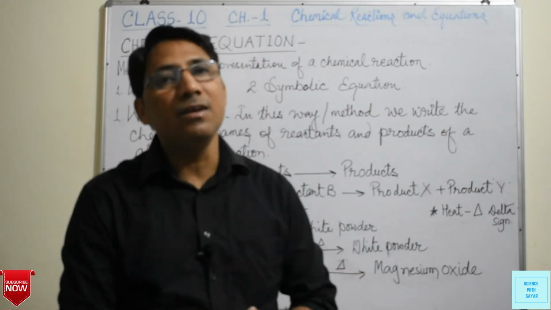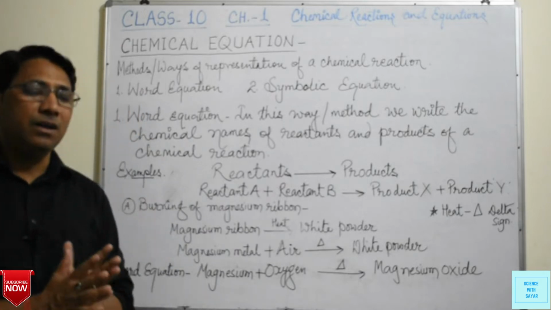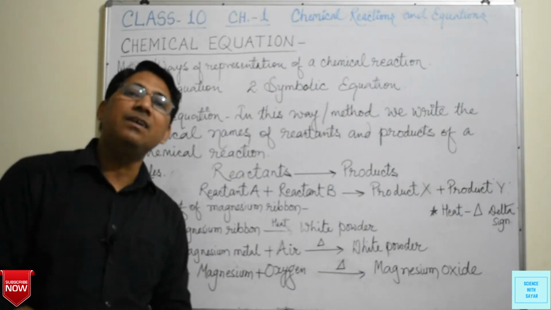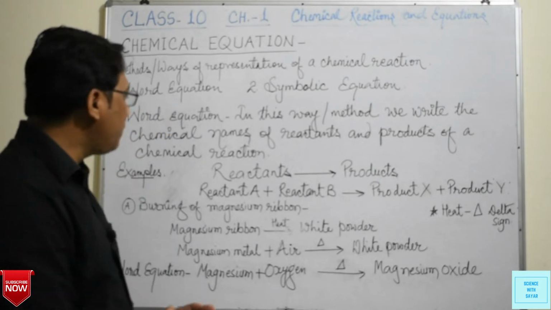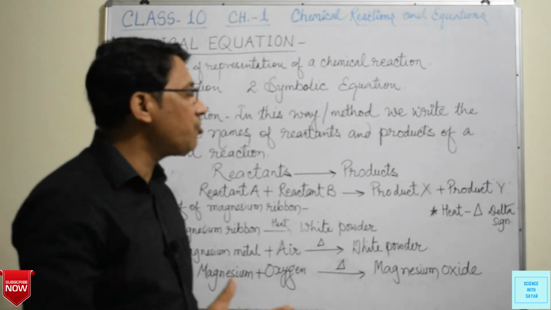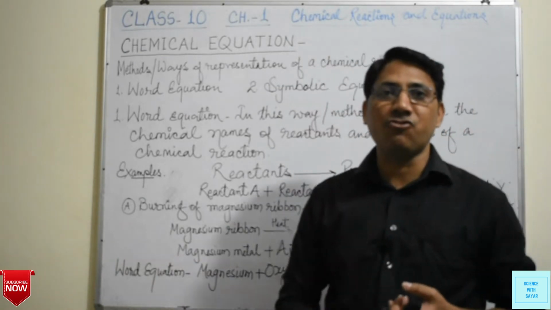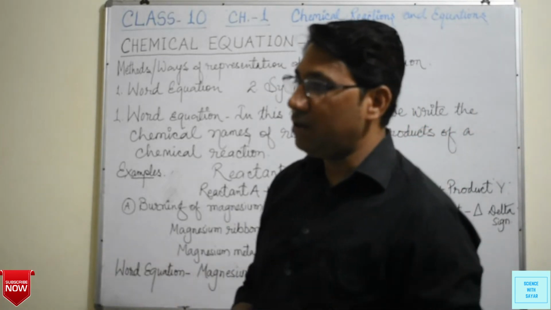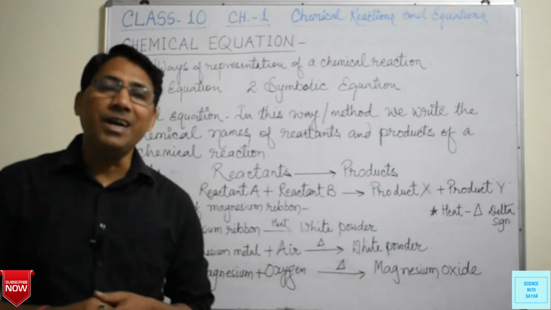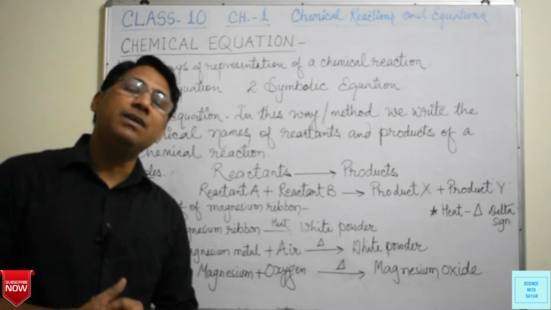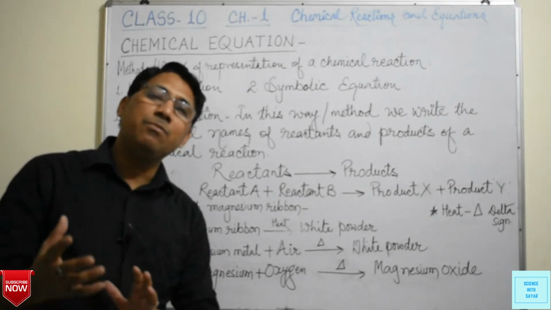In a chemical equation, this type in which we use the chemical names of the reactants and products. We studied that we show a chemical reaction by using reactants and products, and if we have more than one reactant or product, we put a plus sign between them.